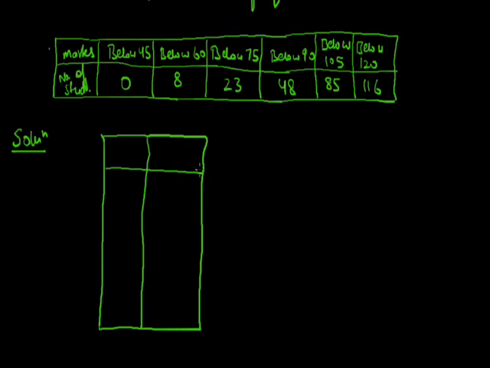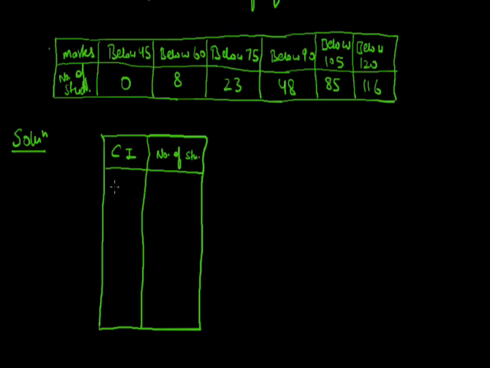The difference between these numbers is the same, that is 15. So accordingly we'll make the class size as 15. So first will be the class interval, and accordingly the frequency or number of students.